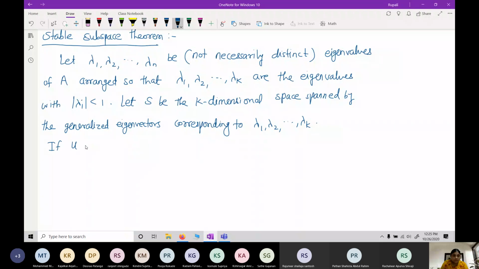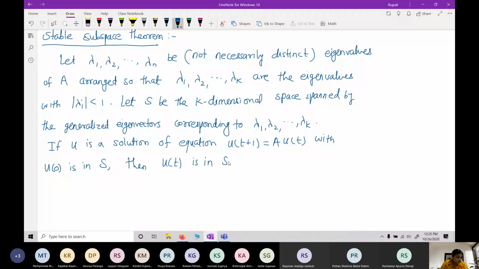If u is a solution of equation 4.4, what is my equation 4.4? u at t plus 1 is equal to A times u at t, with u at 0 in S. Then u of t is in S for t greater than or equal to 0, and the limit as t tends to infinity of u of t is also 0.